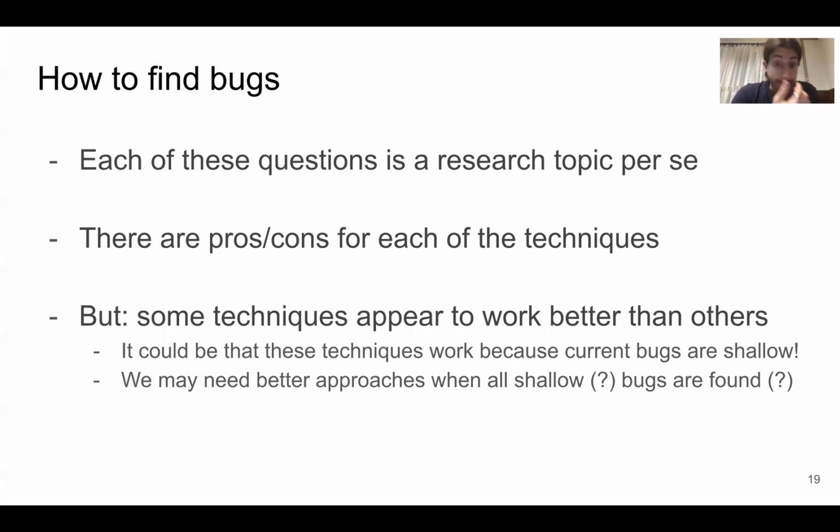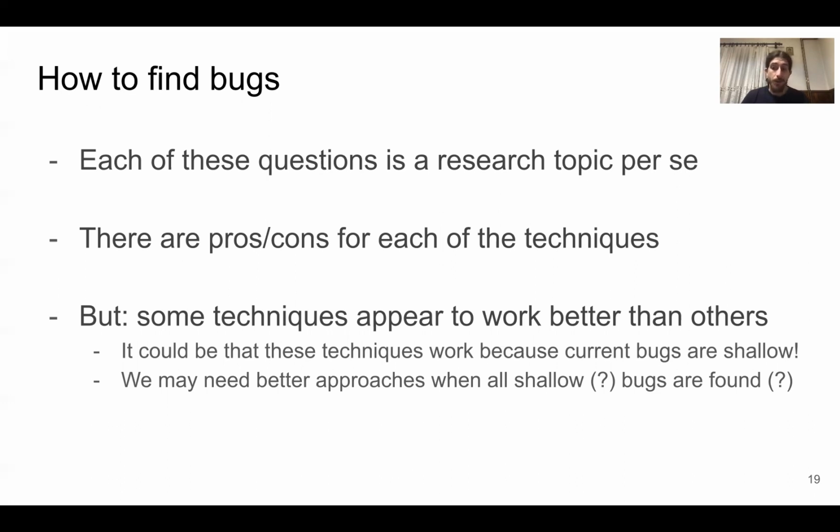Depending on the case, some techniques appear to work better than others, but is it because the technique is superior, or because the types of bugs that we are finding are of a specific kind? One could think that these techniques work well because the current bugs are shallow. For example, you can have a very basic fuzzing approach, and I have slides on what fuzzing is later on, but the idea is that you feed a target program with random input, and then you hope that the target crashes, which means that you maybe found some memory corruption.